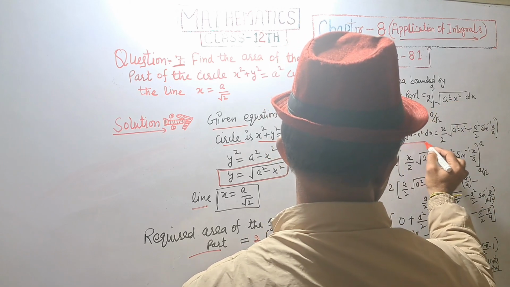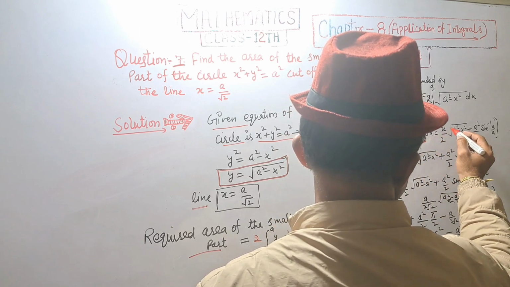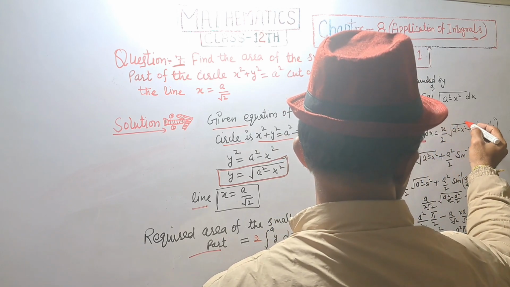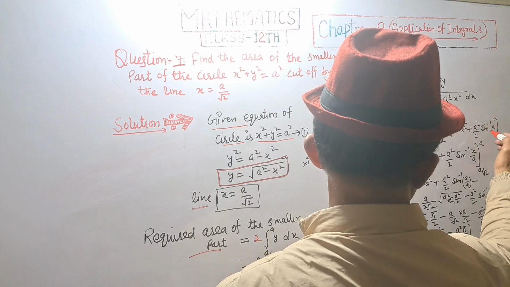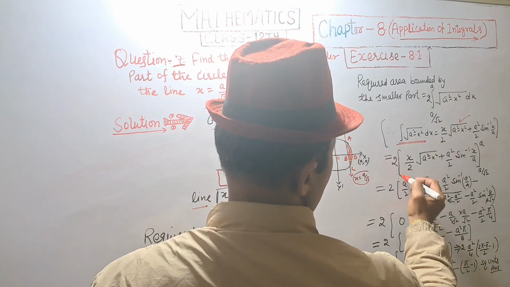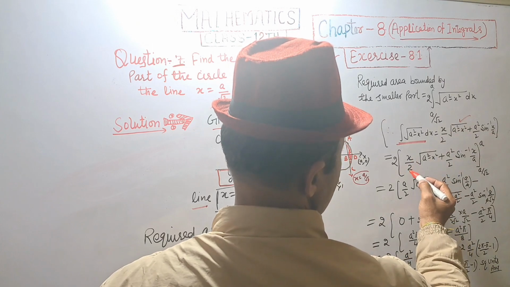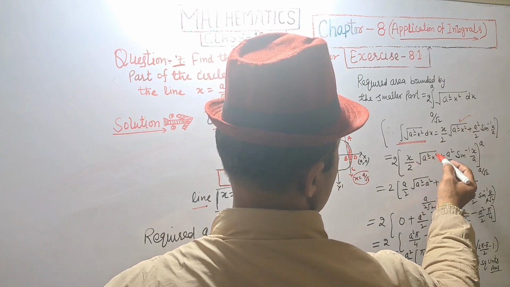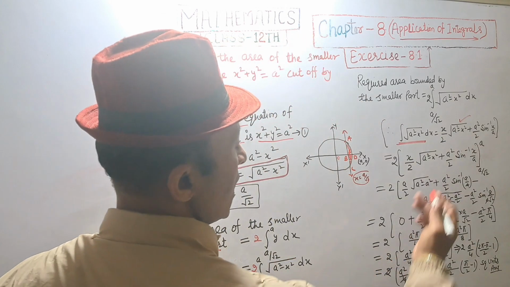As we know that formula of integration, root a square minus x square dx is equal to x upon 2 root a square minus x square plus a square upon 2 sin inverse x upon a. And 2 integration of root a square minus x square is here x upon 2 root a square minus x square plus a square upon 2 into sin inverse x upon a.